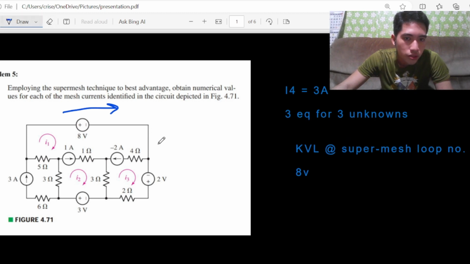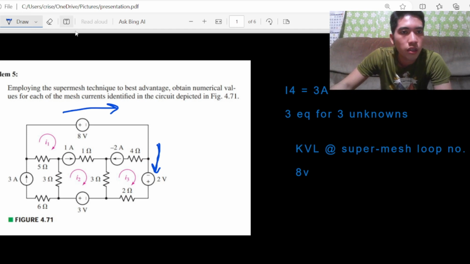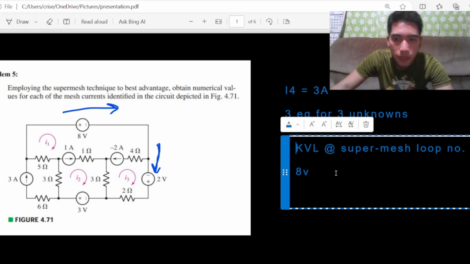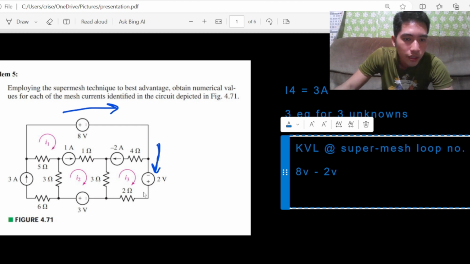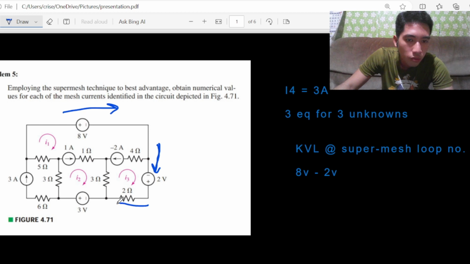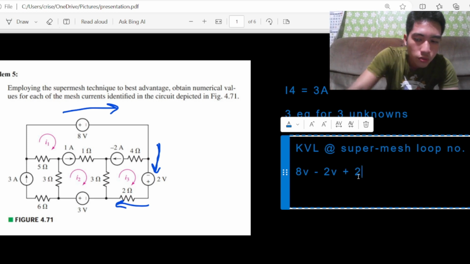The current going through here is going to enter the negative terminal of the 2 volts. So we're going to write that as negative 2 volts. And then it goes through this 2 ohm resistor, so we're going to write that as the positive 2 ohm resistor.